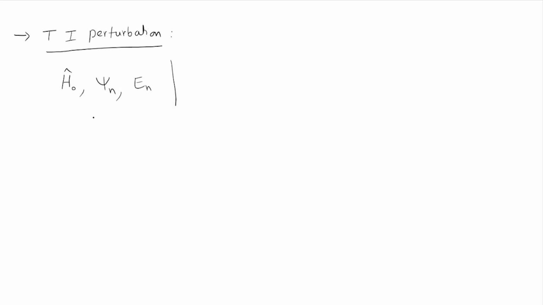And then you subject this system to a perturbation, which we usually call H1 or H prime. Subject your system to a perturbation. Then ask, how does energy change due to the perturbation?